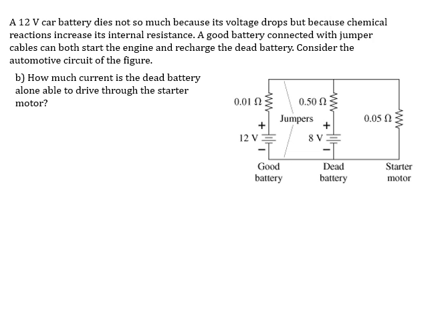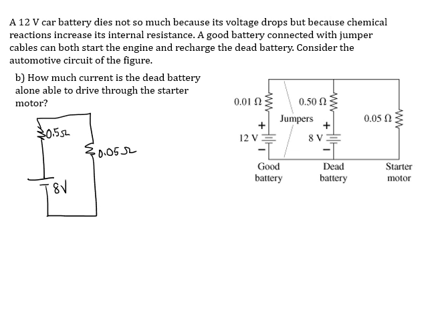Part B, how much current could the dead battery by itself give to the starter motor? Let's do that circuit diagram. So we've got the dead battery, its internal resistance, and the external resistance. So we've got 8 volts here, 0.5 ohms here, and 0.05 ohms here. The battery sends out a current.